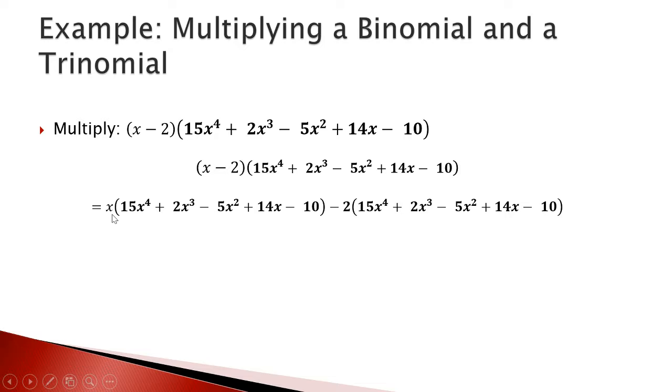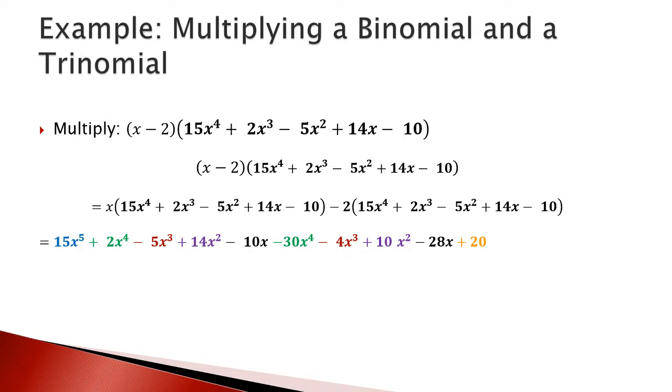So when we multiply x times this whole equation, it will give 15x to the power 5 plus 2 times x to the power 4 minus 5x cubed plus 14x squared minus 10x. And when we multiply negative 2 times this whole equation, it will give negative 30x to the power 4 minus 4x cubed plus 10x squared minus 28x plus 20.